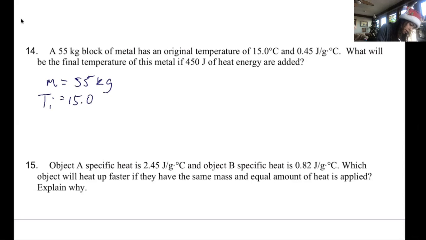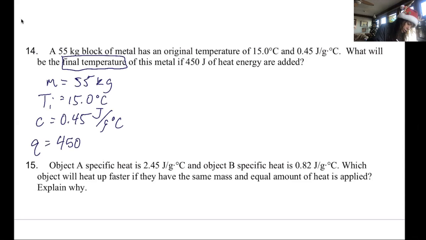There's several tricks here, and specific heat of 0.45 joules per gram degrees Celsius. We need to know the final temp of this metal if we add 450 joules. I've got 2 things to make sure you are aware of.